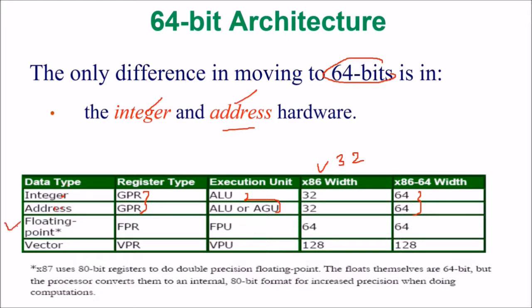For floating point, x86 already had a 64-bit FPU, and it remained the same 64, and vector also remained the same 128. So the increase in width is only in the integer and address hardware. This is the Intel ISA.